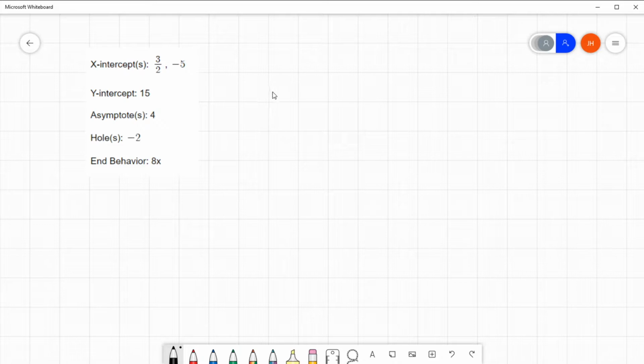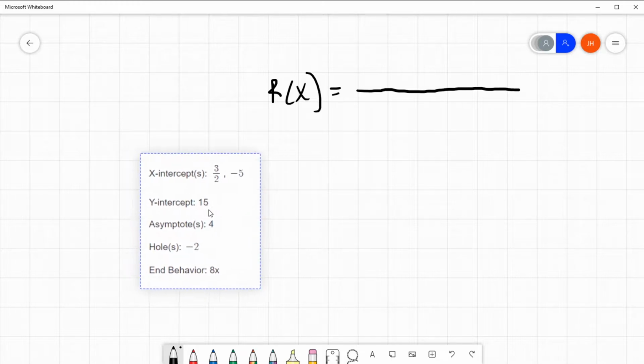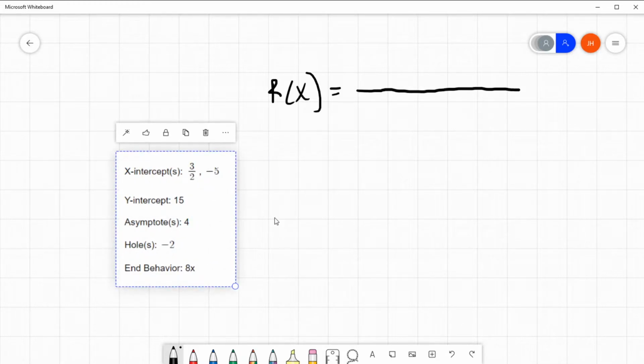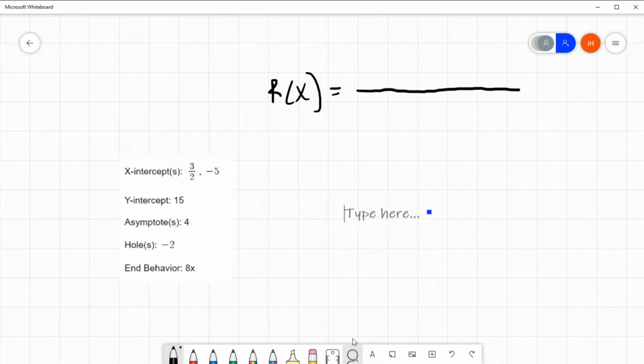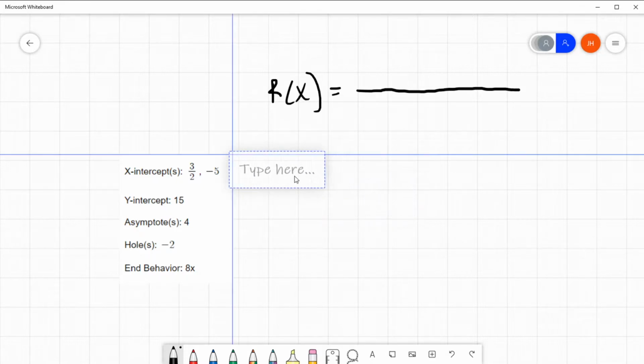So first of all, let's talk about the structure of rational functions. Remember guys, rational functions are functions which can be written as a fraction of polynomials. So I know that this function should have some polynomial up at the top in the numerator and some other polynomial in the denominator. In general, these features of rational functions had to do with different pieces of the fraction itself.